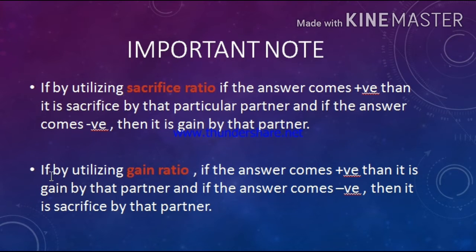Contradictory to that, if by utilizing gain ratio, that means new share minus old share, the answer comes positive, then it is gained by that partner, and if the answer comes negative, then it is sacrificed by that partner.